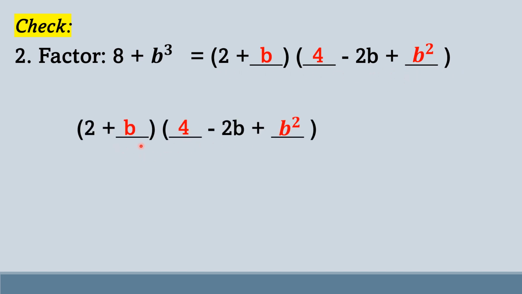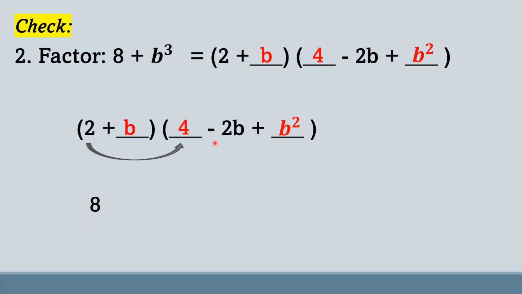Again, multiply the first term of the first factor by each term of the second factor, and multiply the last term of the first factor by each term of the second factor. So we have 2 times 4, we have 8.